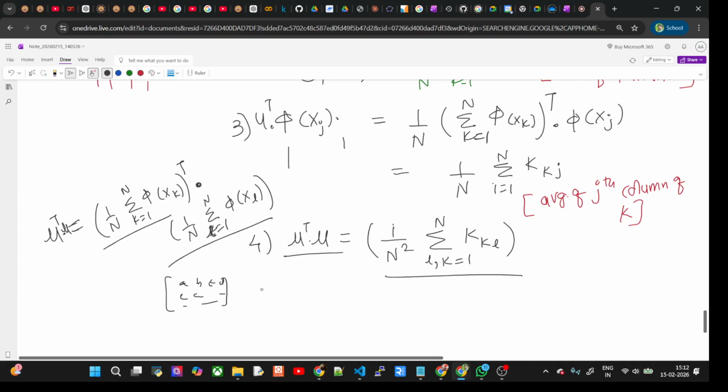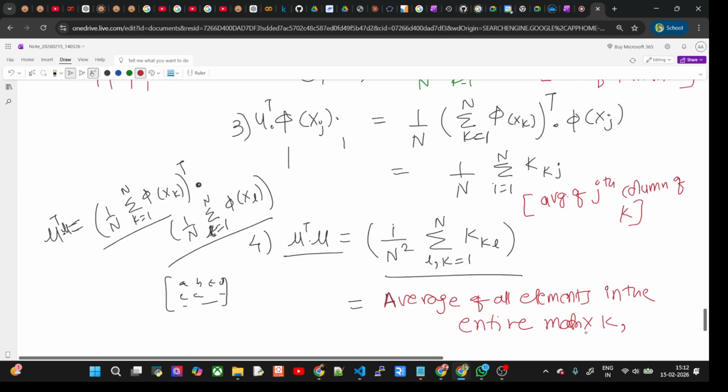If you calculate the average of all the elements, this is the average of all the elements in the entire matrix K.